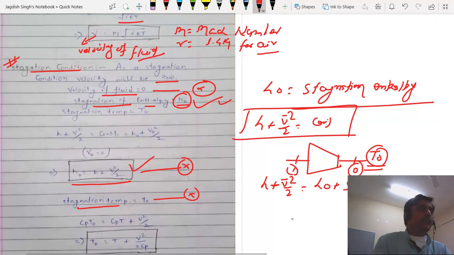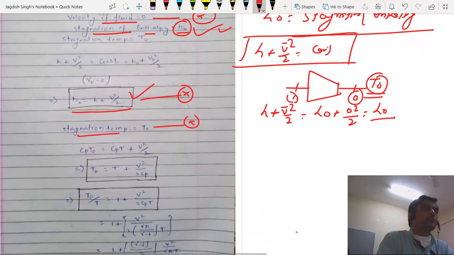So from this equation, what is H naught? H naught is CP T naught, H is equal to CP T, and V is the velocity at the entry. If we divide by CP, T naught is the stagnation temperature.